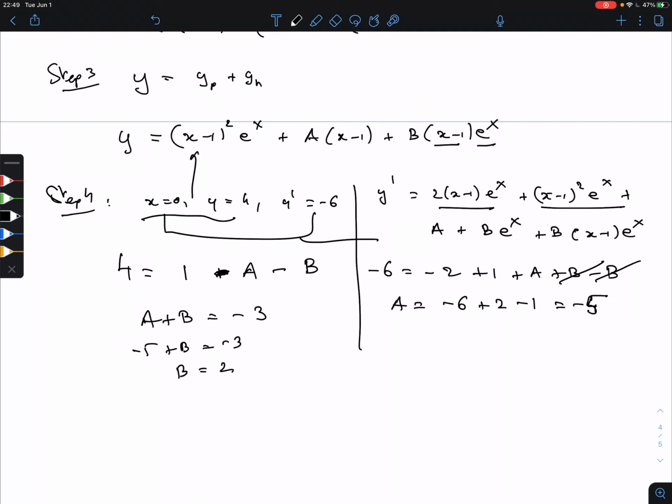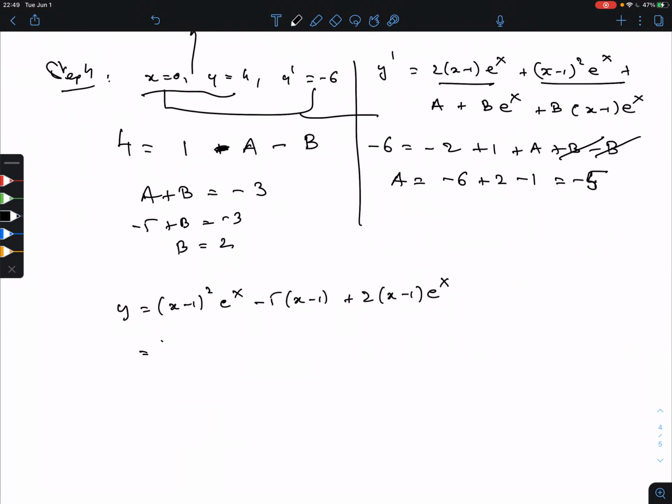So the general solution is y equals x minus 1 squared e to the x. What was b? a was negative 5 times x minus 1, plus b was 2 plus 2 times x minus 1, e to the x. You see that we can factor out an x minus 1 if you want to. And what we have left is an x minus 1 e to the x, minus 5 plus 2, and that's an e to the x here, 2 e to the x.